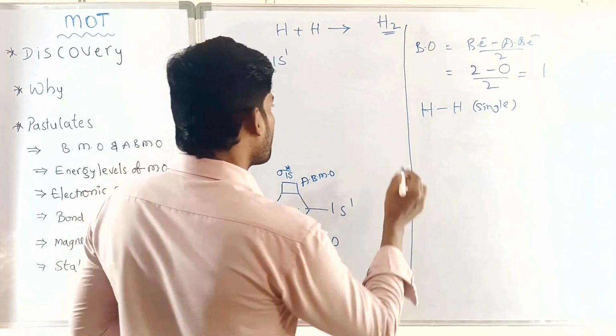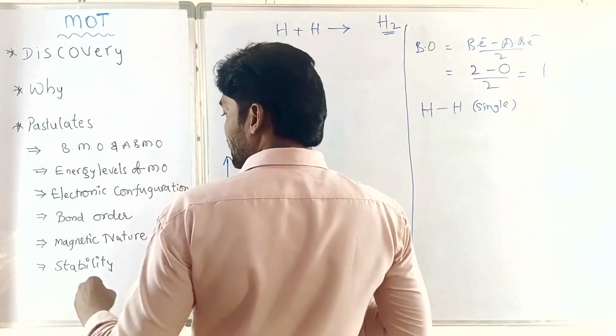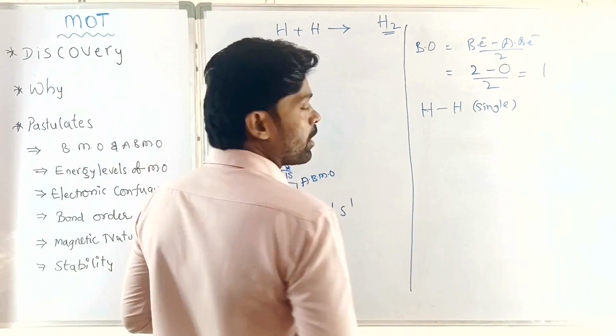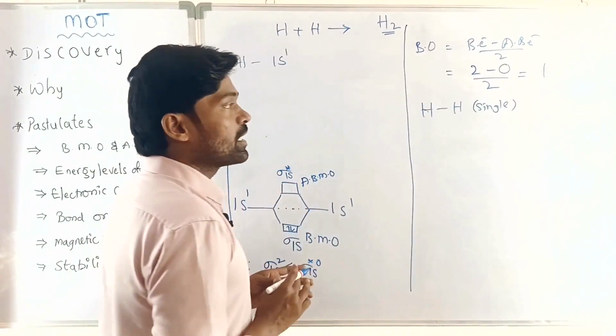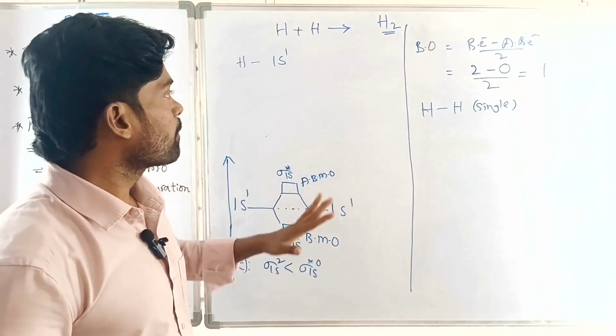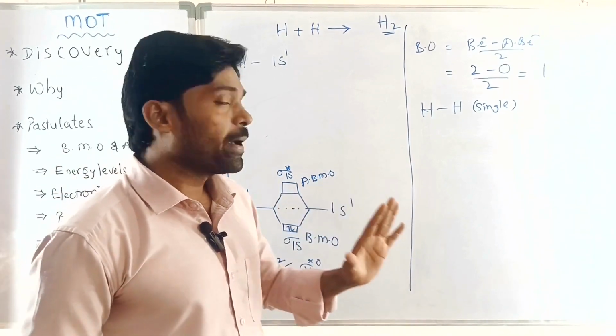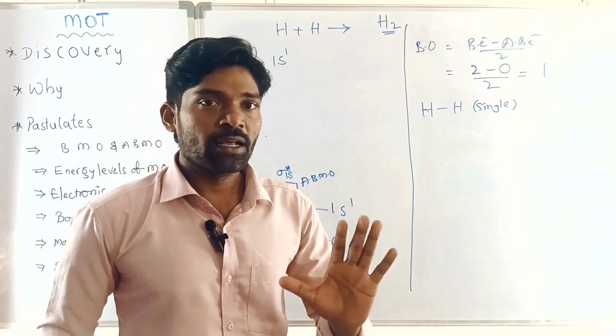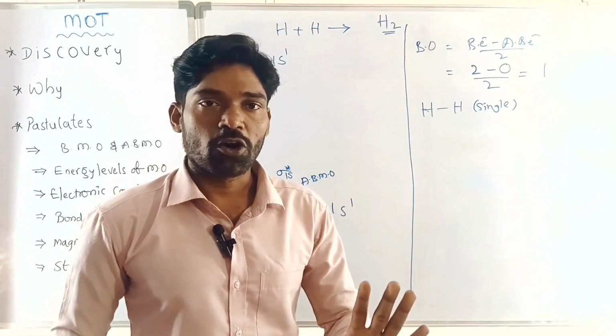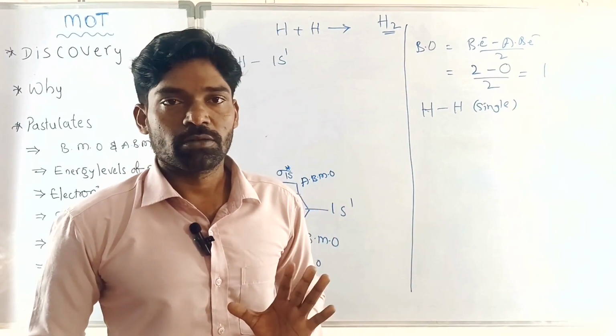Right? Next point: what will MOT also explain? The magnetic nature of the molecule. How can it explain? If only paired electrons are present in these orbitals, then that molecule is called a diamagnetic molecule.